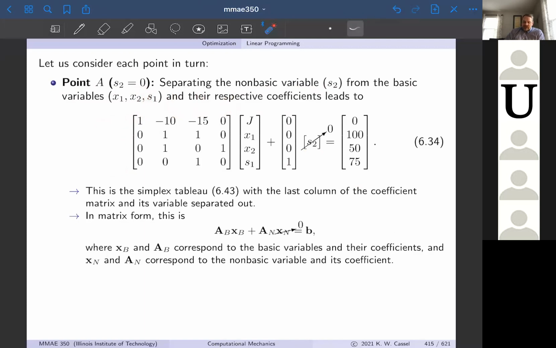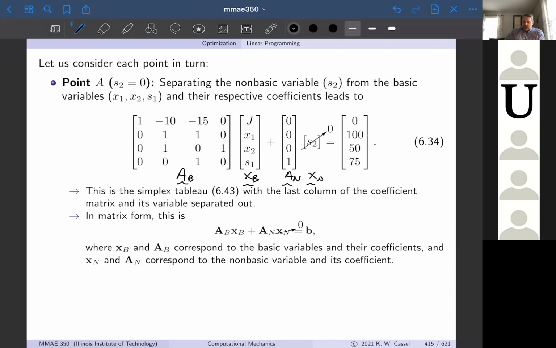If you write this in matrix form, we'll call this A sub B for the basic variables, XB, which includes the basic variables, AN, which includes the non-basic variables, and S2, which includes the non-basic variables. Sorry, I think I said AN was the non-basic variables. It's the coefficients of the non-basic variables.